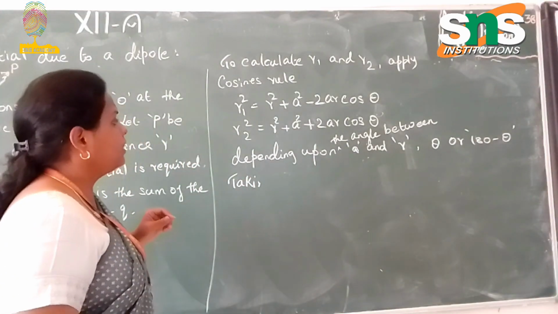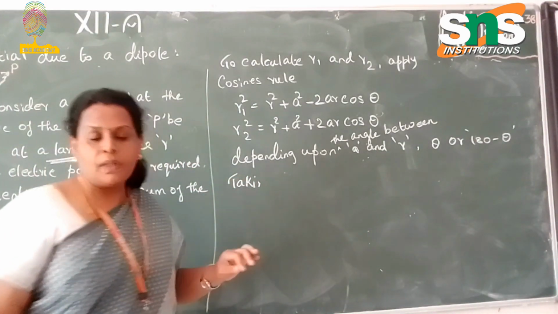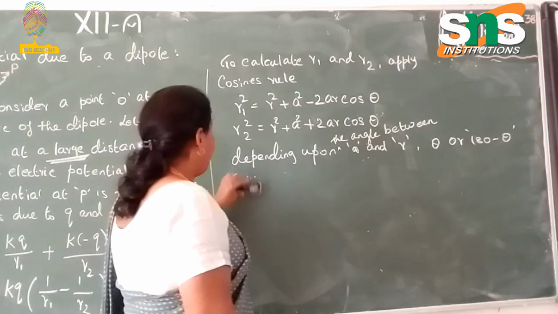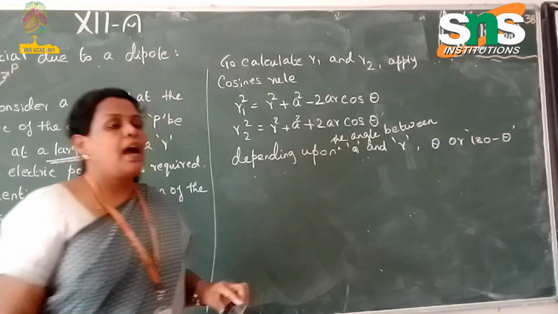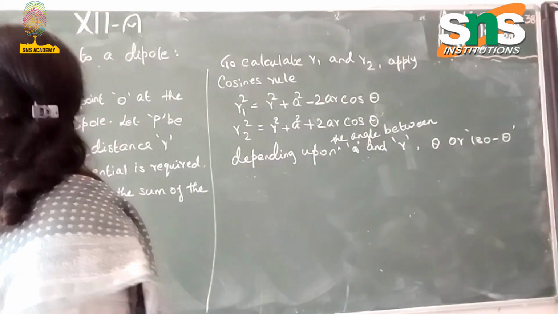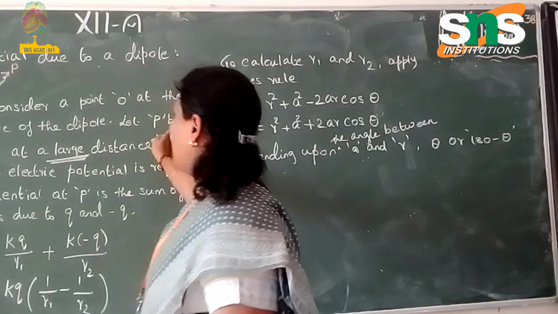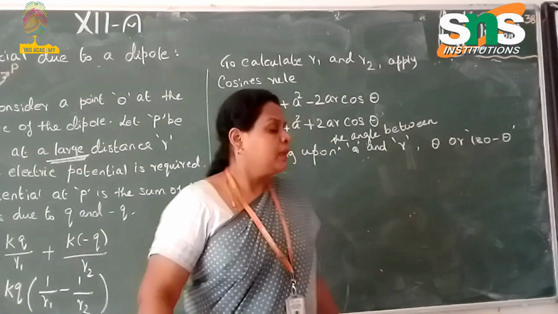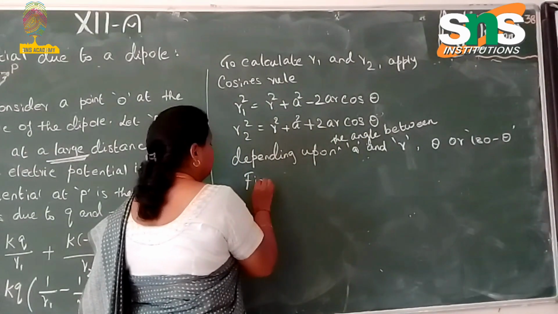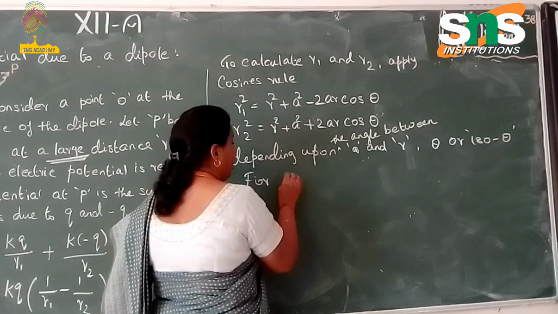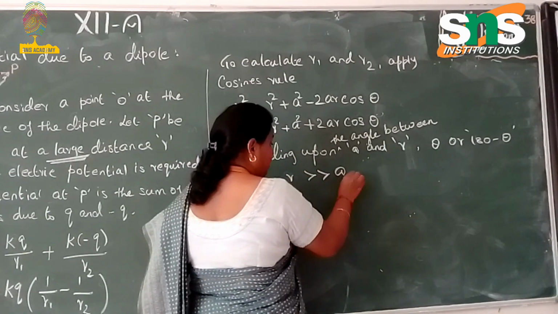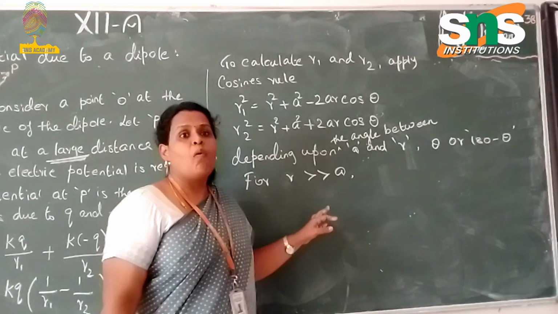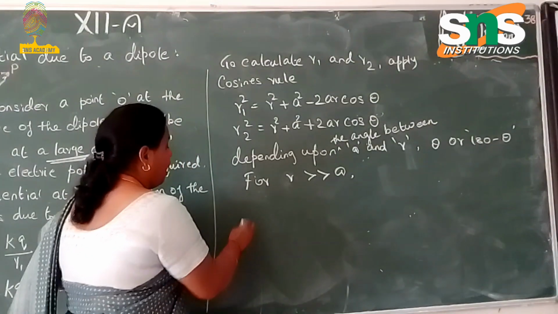Before removing these squares, I have to assume a thing which I have given here itself. Let P be the point at a large distance R. So for R very much greater than A, what do I have to do?